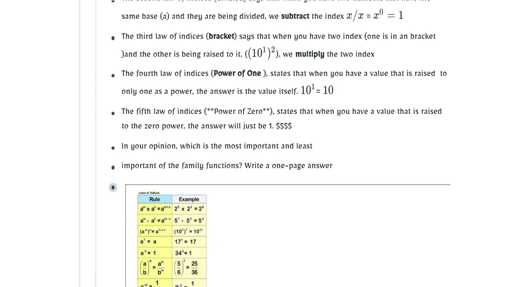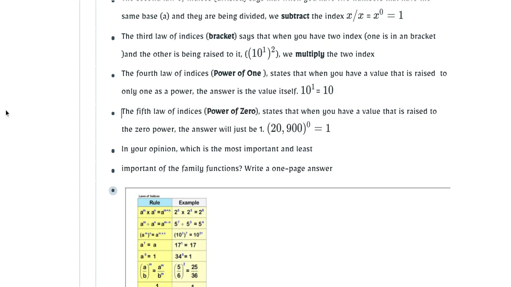Example, let's put 20,900 raised to the power of 0. It's a very large number. Raised to the power of 0, that gives us only 1.